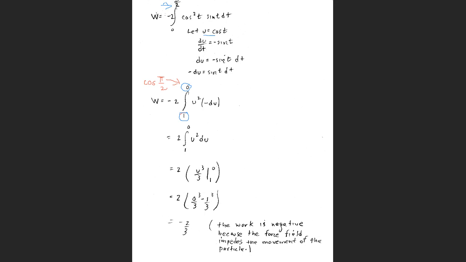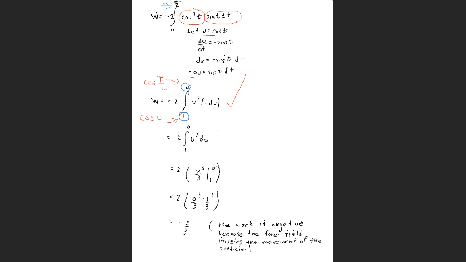And the cosine of 0 equals 1. Then cosine squared of t just becomes u squared, and the sine of t dt just becomes negative du. And that gets us here.